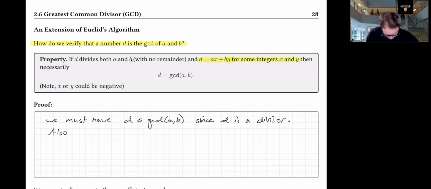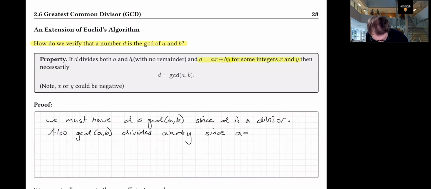Also, the greatest common divisor of A and B divides AX plus BY, since we know that the greatest common divisor divides A and the greatest common divisor divides B, right?